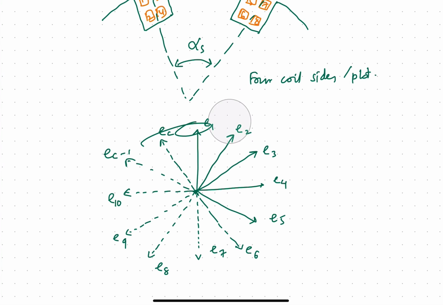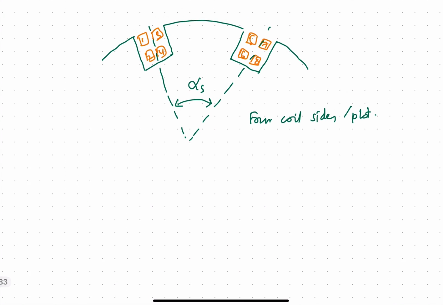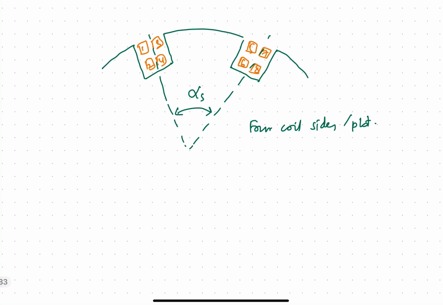Where did I keep it? So this is the four coil sides per slot. So the EMF star for this would be something like this. What would it be like?